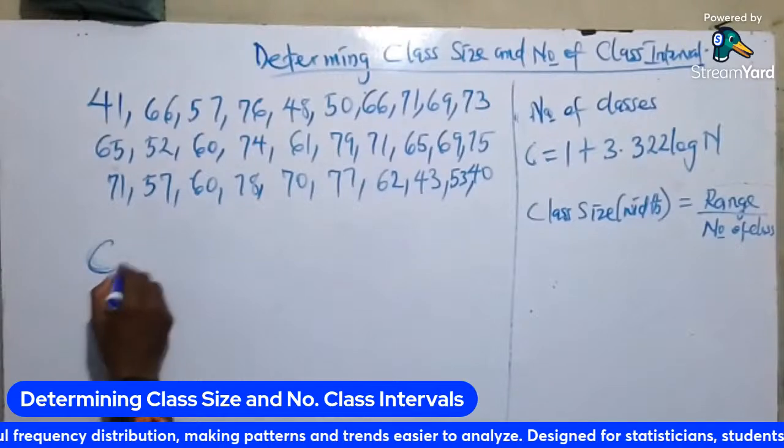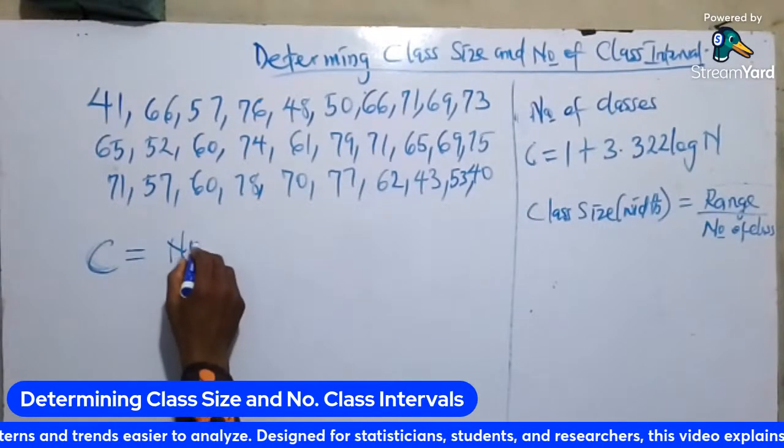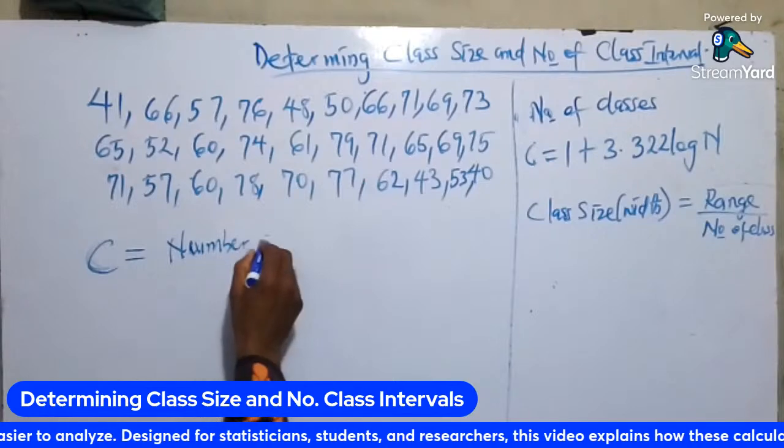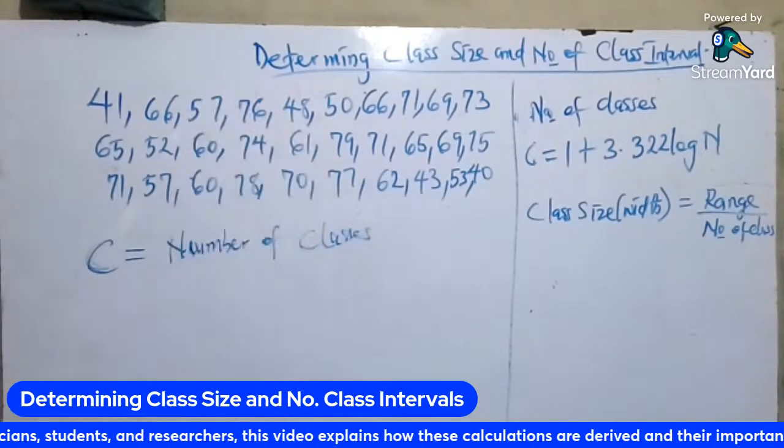You say C equals the number of classes that will be inside this thing.